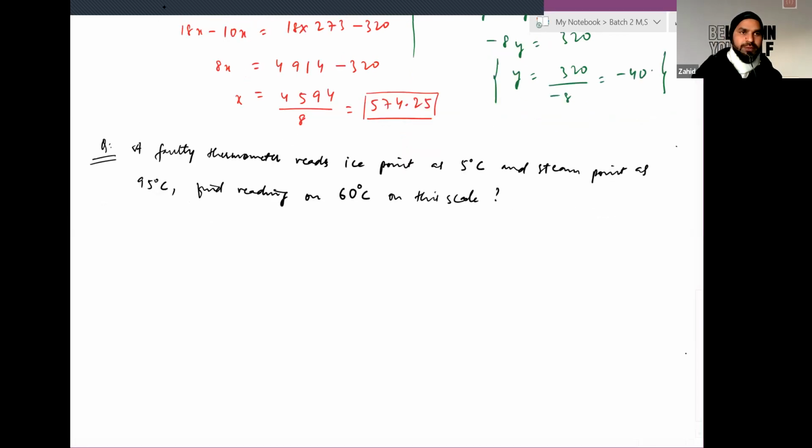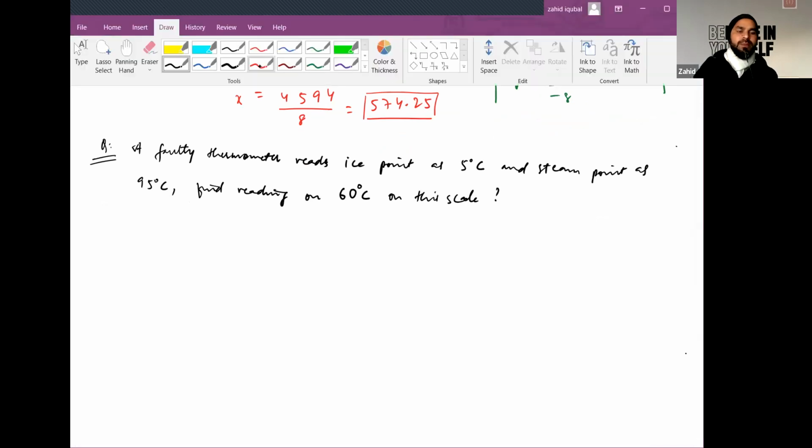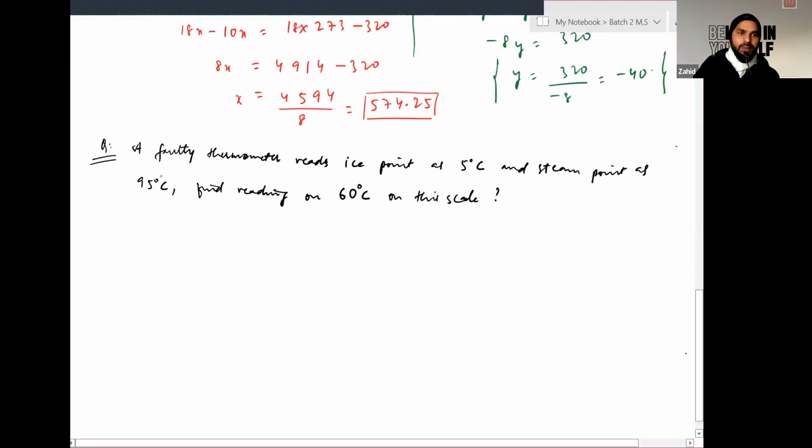Let me explain how to approach this part. Here we have two different thermometers. One is the faulty thermometer, and we have to relate it with the Celsius scale. So just write faulty thermometer and Celsius scale. For the faulty thermometer, F minus lower fixed point, that is the ice point, which is 5, divided by upper fixed point 95 minus lower fixed point 5.